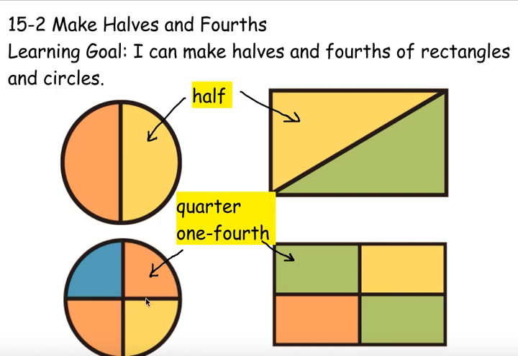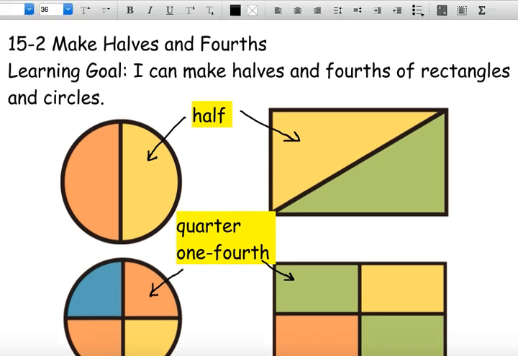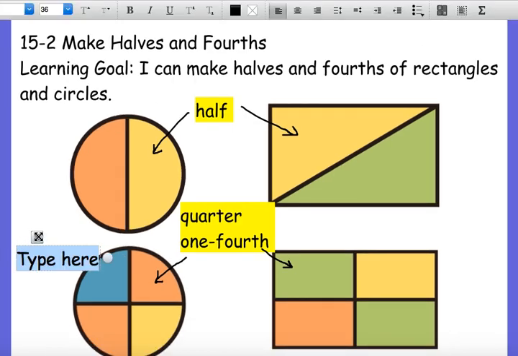Now let's take a look at the orange part of this shape. I could look at this shape and say 1/4 of the circle is orange, right? But I noticed that there's another orange part. So here are 2 quarters, or I can use my word to type, 2 quarters is actually 2/4.